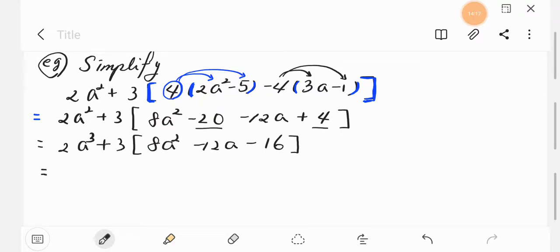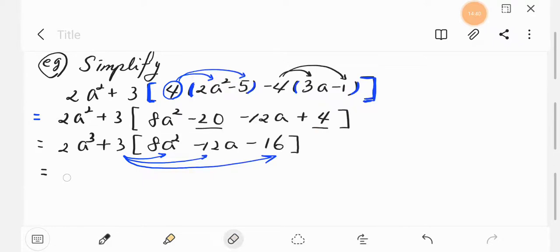Okay, so inside this bracket, the expression is now already simplified. And next step, we will use the distribution property to get rid of this bracket. So multiply these two, then this one, finally this term. Okay, so let's write this in order.